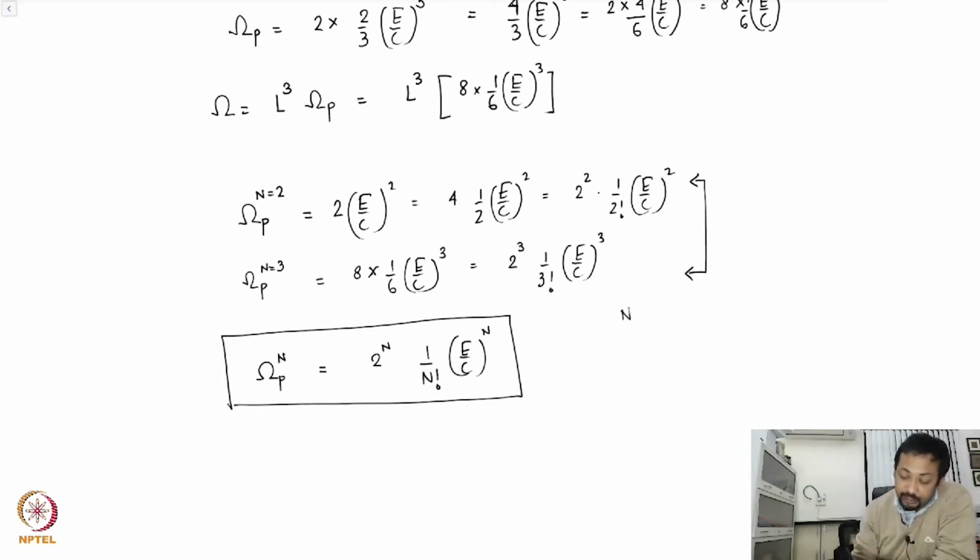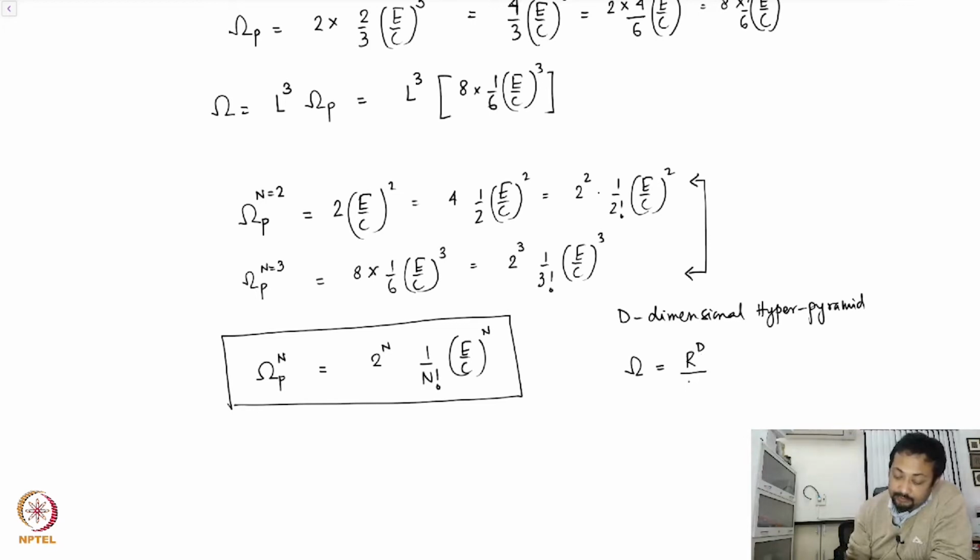For a d-dimensional hyperpyramid, the volume omega is given by r to the power d divided by d factorial, and the hyperpyramid is defined as sum over xi is equal to r, where xi is greater than 0.